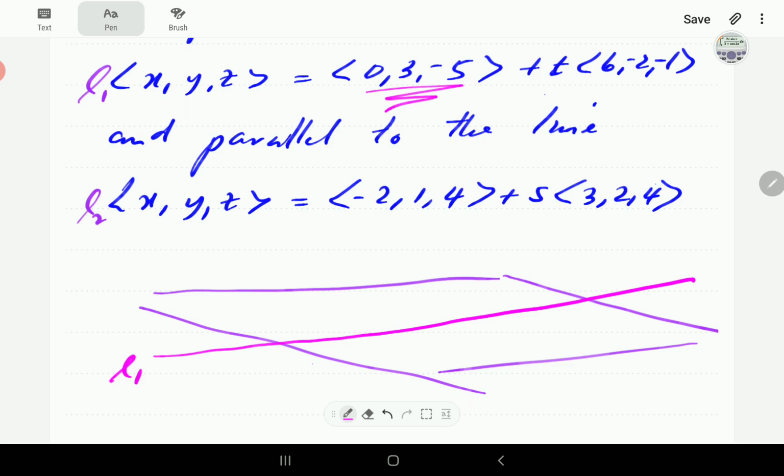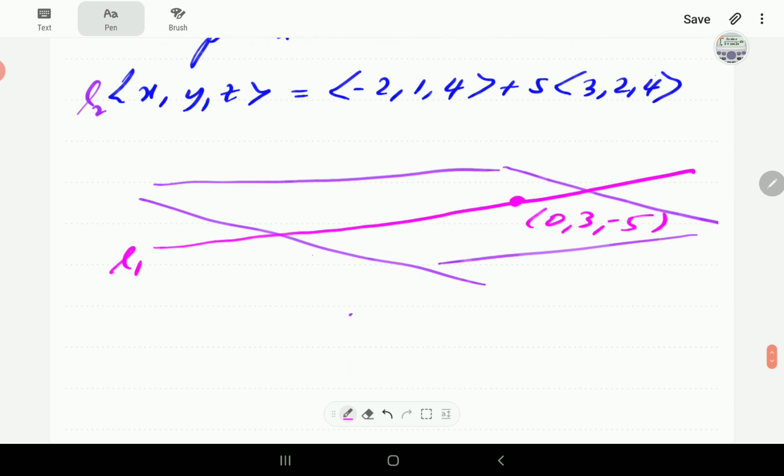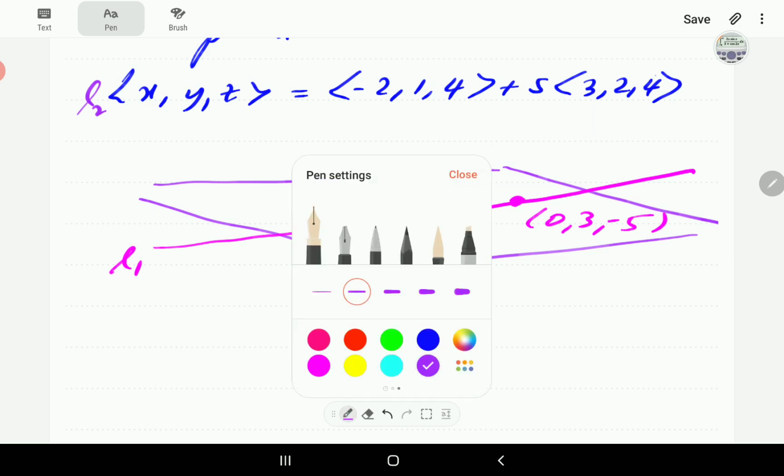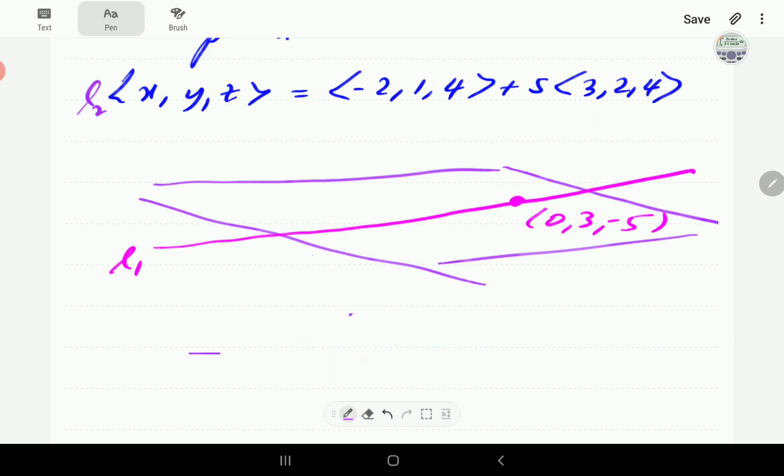This point is on L1, so that point is part of our plane: (0, 3, -5). Then L2 is not part of this plane, but it's parallel to this plane. So perhaps L2 is going something like that, somewhere there.